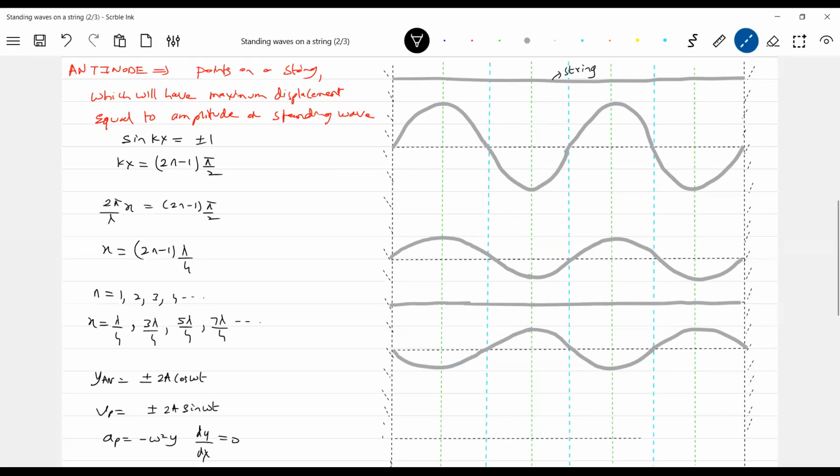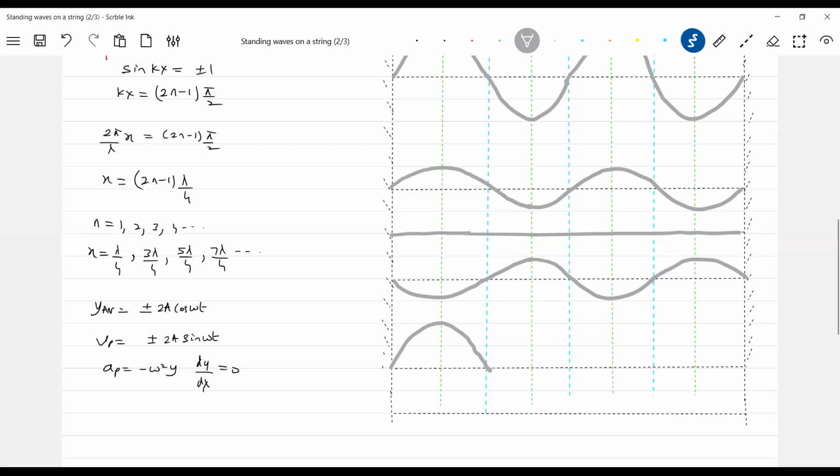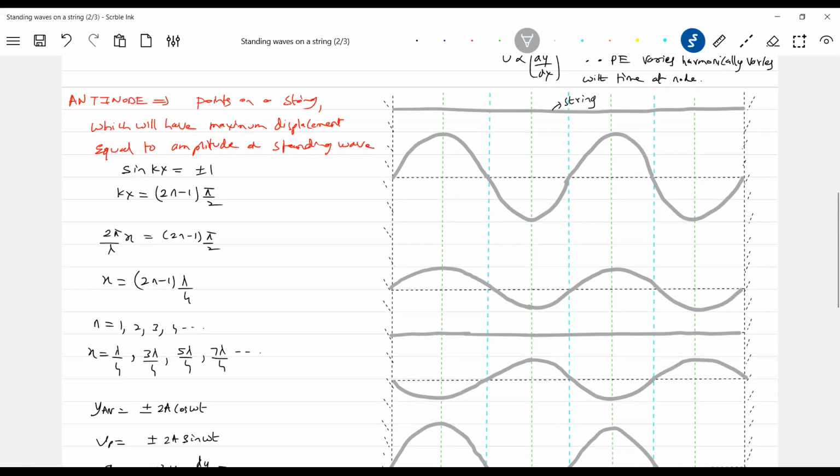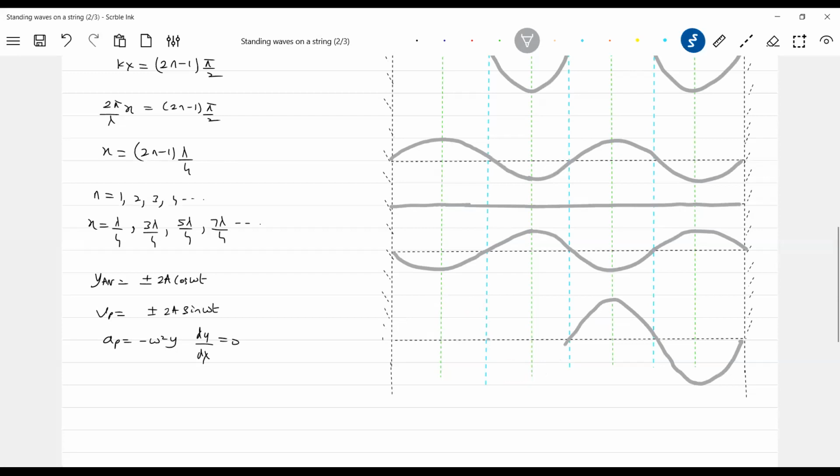Yeah. It's a wrong one, I'll put it. It will go to the lower extreme.